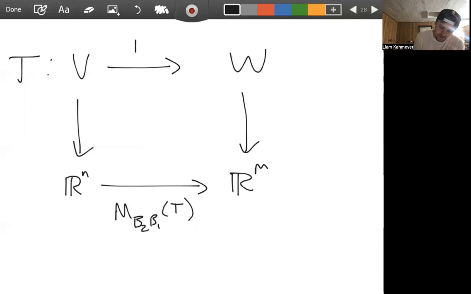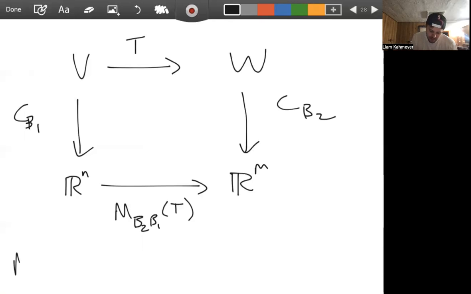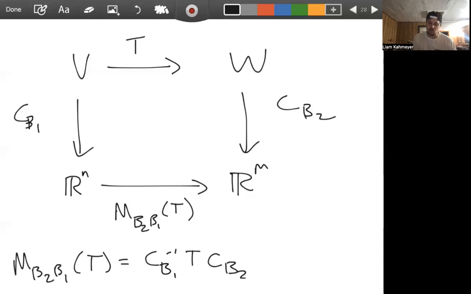Here we have the map T. Here we have C_B1, and here we have C_B2. And basically what we're saying is that M_B2,B1(T) is equal to, well, first you would do C_B1 inverse and then T and then C_B2.